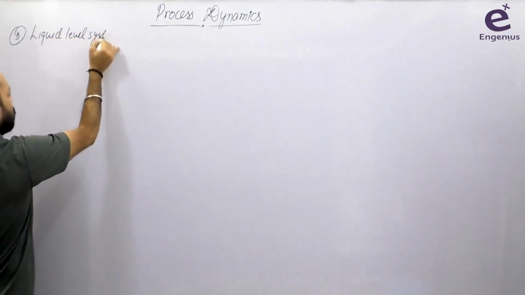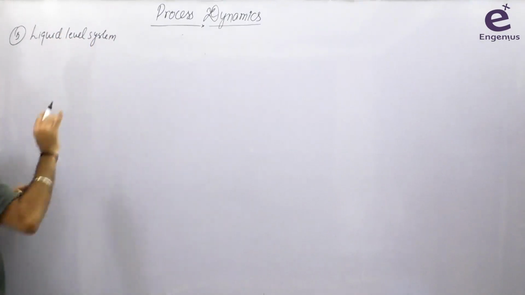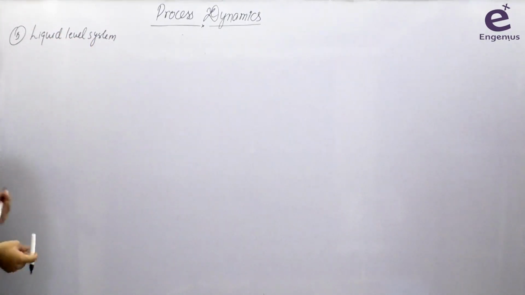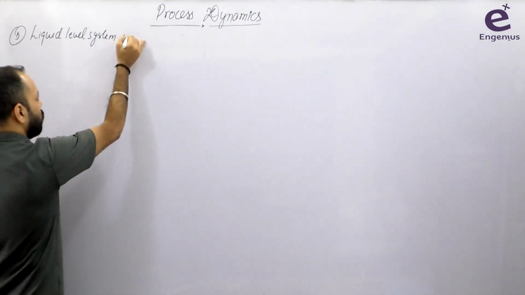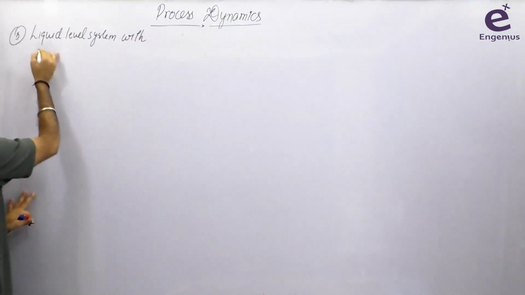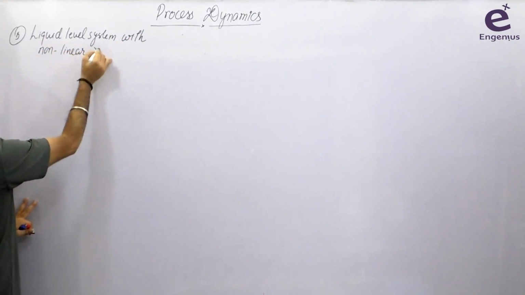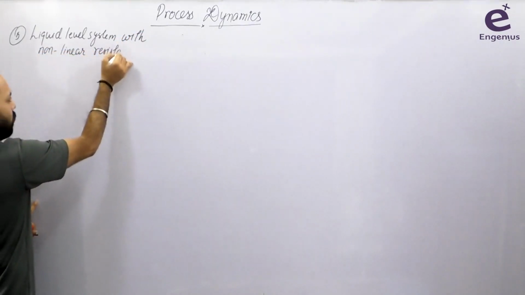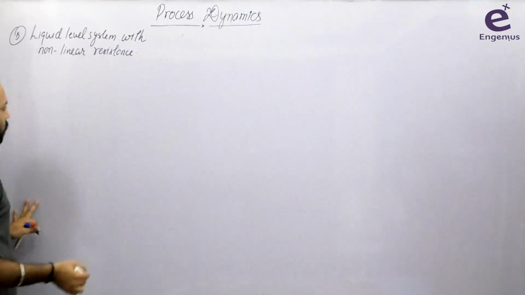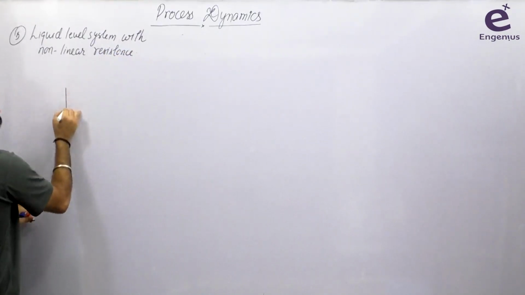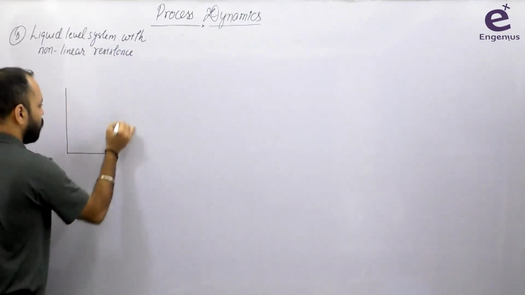Liquid level system. Now I'm not going to talk about the lumping of parameters, you know that. Liquid level system with non-linear resistance. You know what is the meaning of non-linear resistance? Fine. Suppose this is the liquid level system.